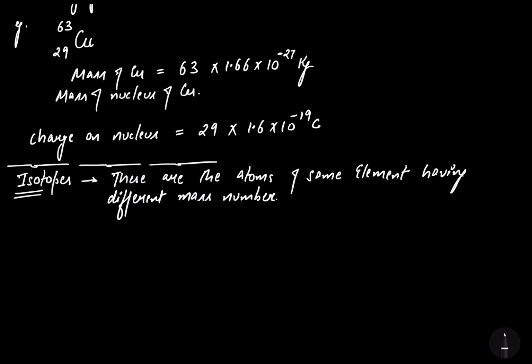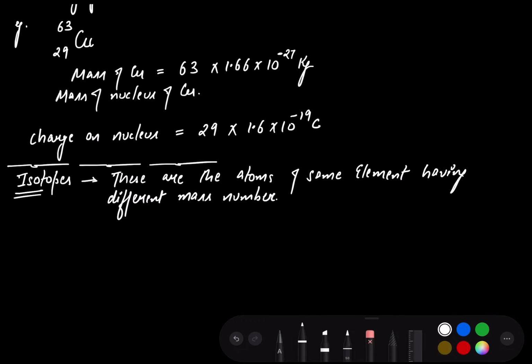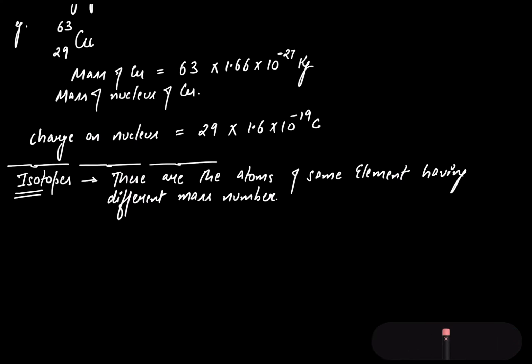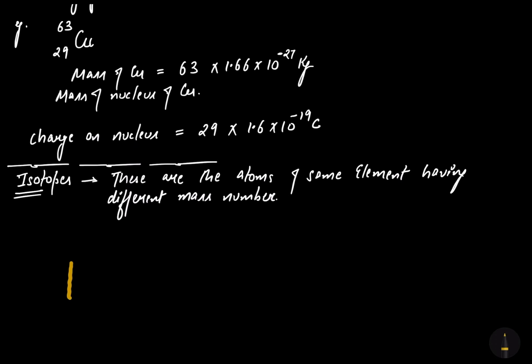So let's talk about it with some examples. I'm taking an example of hydrogen. I'm writing hydrogen, hydrogen and hydrogen. What's the atomic number of hydrogen? It's 1.